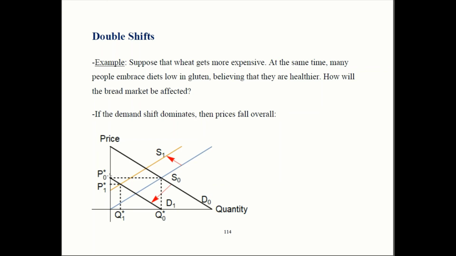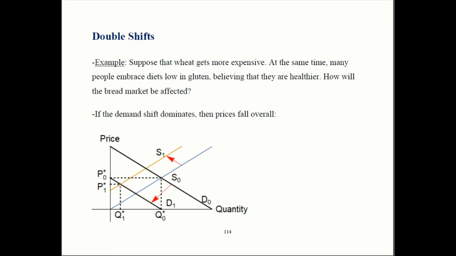There's new demand. Those two curves meet right over here, P1, Q1. The way I've drawn it, price has fallen overall. Quantity dropped overall, but quantity had to fall overall. We said quantity was unambiguously declining in our table earlier. In this case, we had a big demand shift, and that dragged prices down. The supply shift caused prices to go up, but the supply shift was smaller, and overall demand dominated. That's why prices declined overall in this picture. So that's one possibility. We said prices could rise or they could fall.